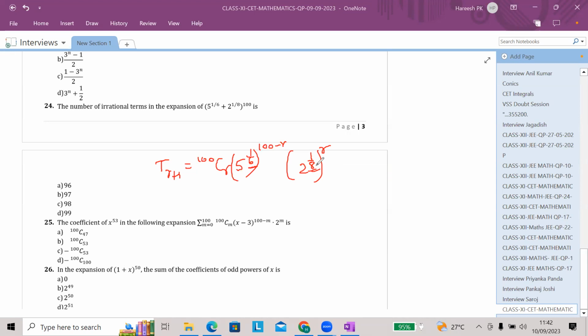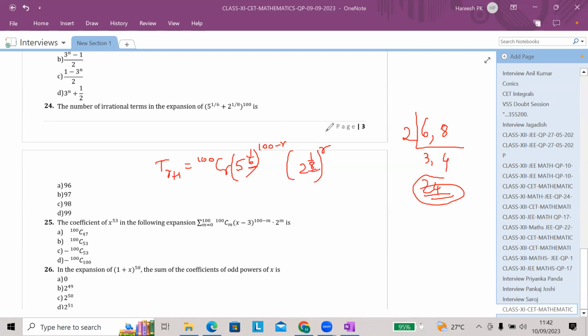And once I figure out the smallest value of r, in order to get the next value of r, I simply have to take the LCM of 6 and 8. What is the LCM of 6 and 8? 2 threes are, 2 fours are. So the LCM is 24. So once I figure out the smallest value of r, I just need to go on adding 24 to the r value in order to get the next value of r.